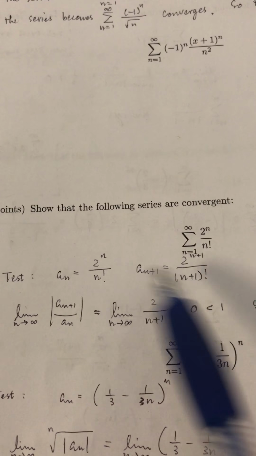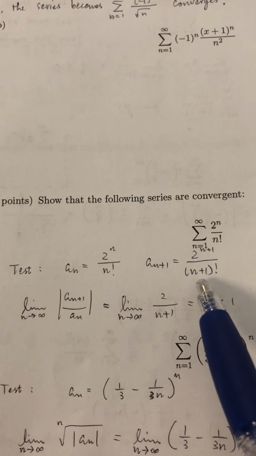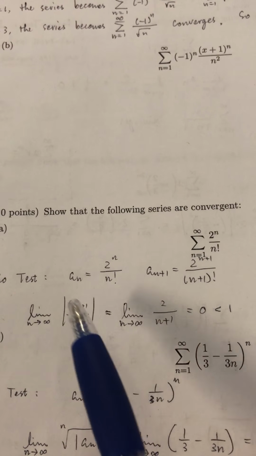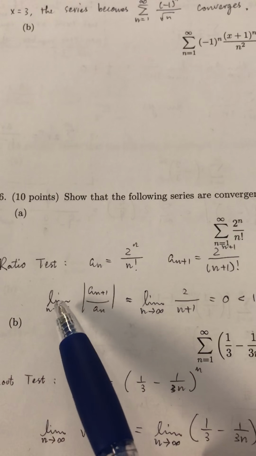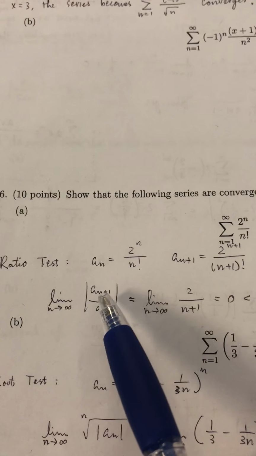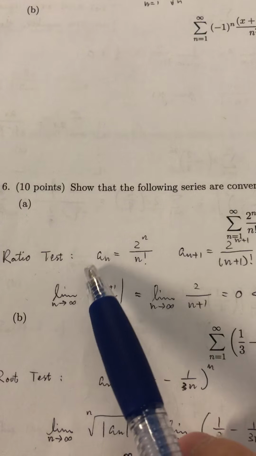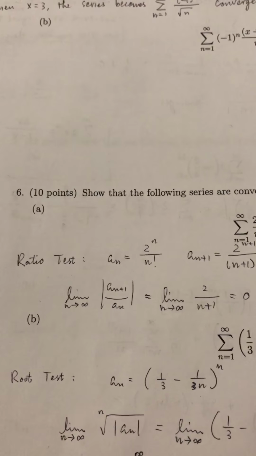An plus 1 is just replacing n with n plus 1, so you have this. For the ratio test, you are supposed to take the limit of an plus 1 over an, absolute value. This is also different from the radius of convergence.